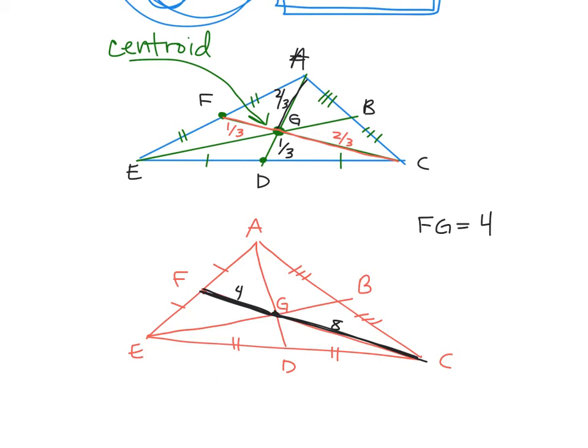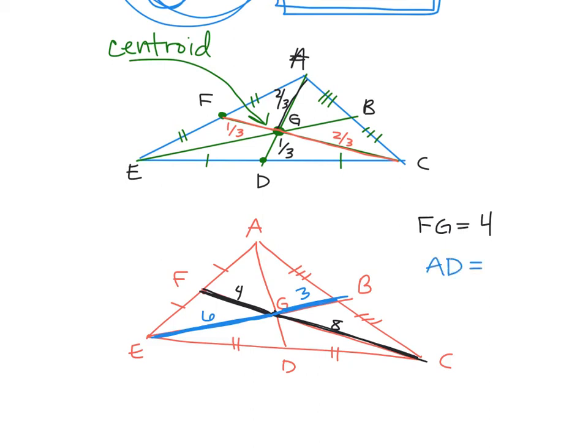Okay, pick another one. What if I tell you EG is 6? Is that the 2/3 portion or the 1/3 portion? That's the 2/3. So that one has been doubled to make it 6, which means GB is what? 3, half of that.